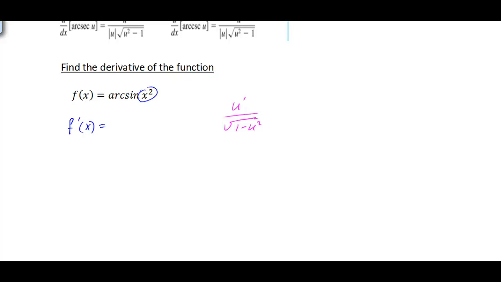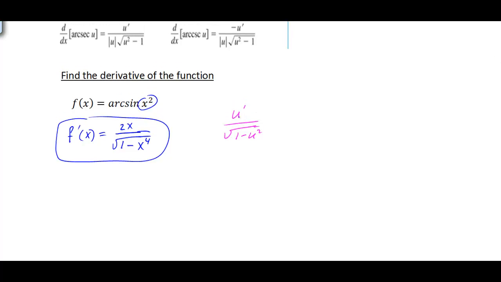So the derivative of x squared would simply be 2x over the square root of 1 minus u squared. Now be careful, this is u squared, so x squared, that quantity squared would be x to the 4th. And there we have our derivative. Okay, it's that simple. You have to follow the formula. In this case, u prime over the square root of 1 minus u squared. In this problem, our u is equal to x squared.